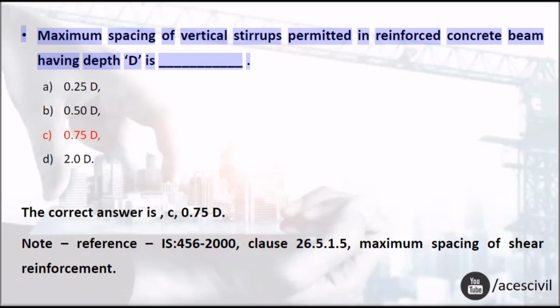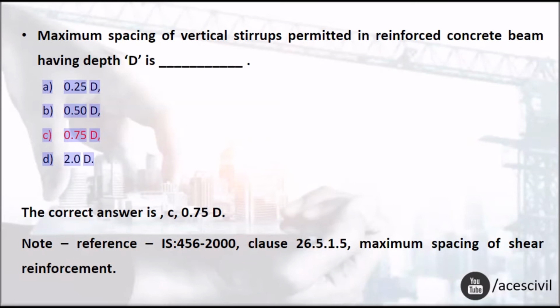Maximum spacing of vertical stirrups permitted in reinforced concrete beam having depth d is A. 0.25 d, B. 0.50 d, C. 0.75 d, D. 2.0 d.